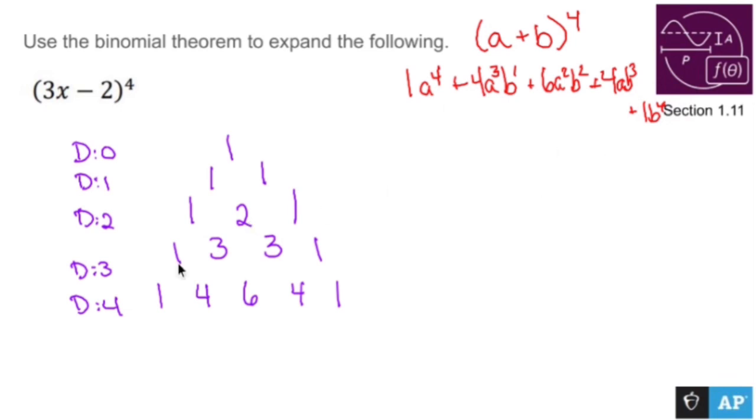Now that looks pretty sloppy, but let me do it again with these actual values that I'm supposed to use. 3x would be my a and negative 2 would be my b.